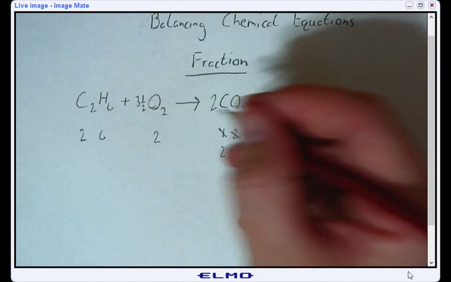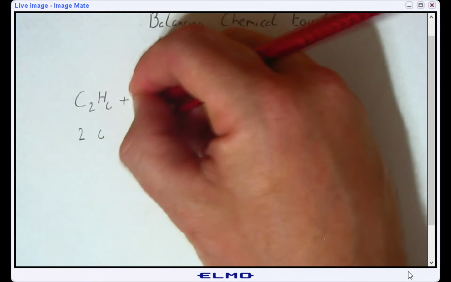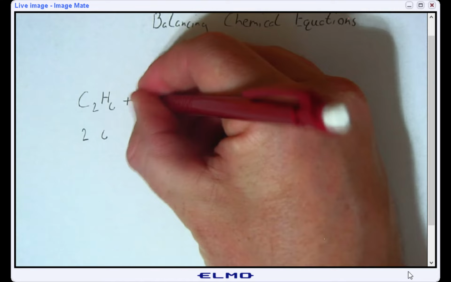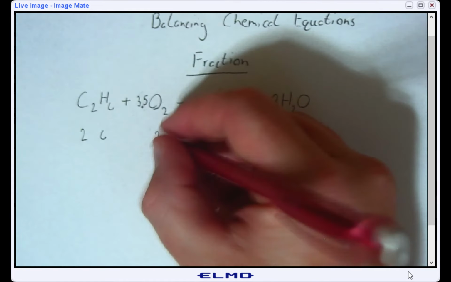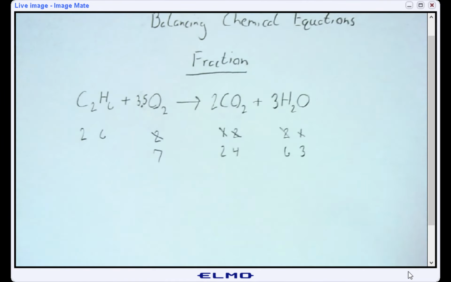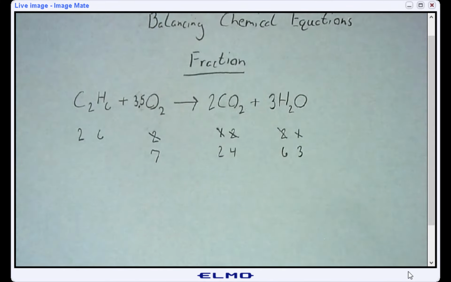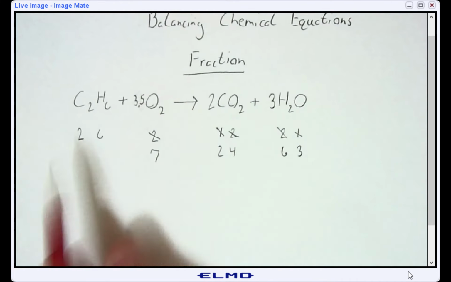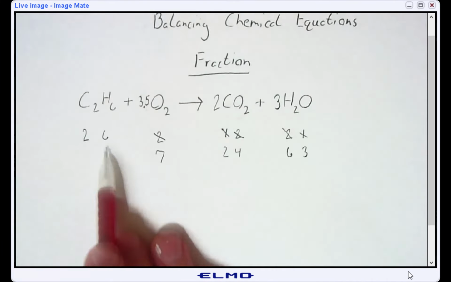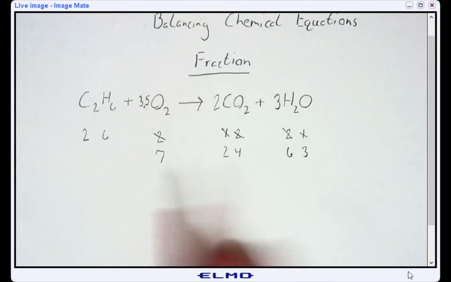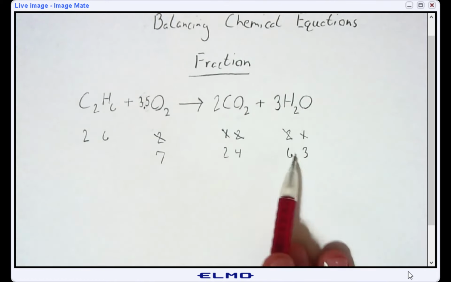Because 3.5 times 2, or let's actually just put it at 3.5, because I also like decimals. 3.5 times 2 is 7.